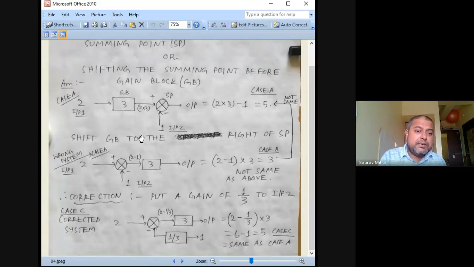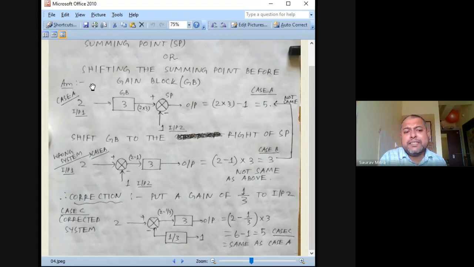So in the actual circuit, if we just swap the position of the gain block and the summing point, the output we get is not the same as the previous output. So some manipulation we have to do. What is the main problem here?